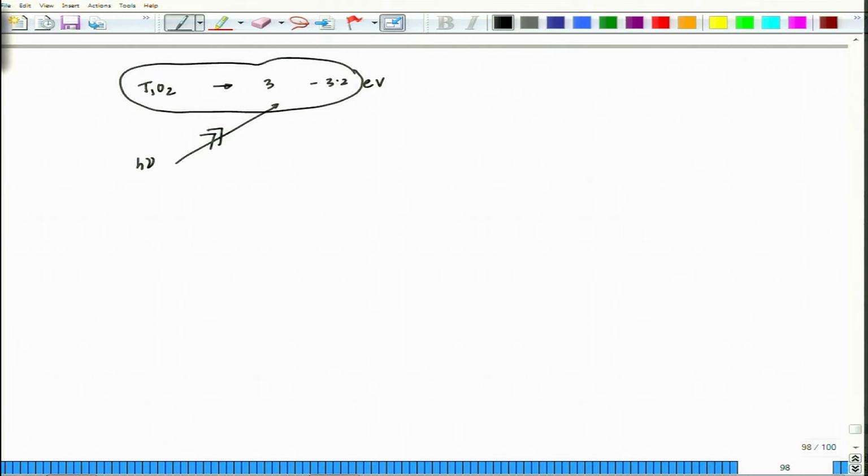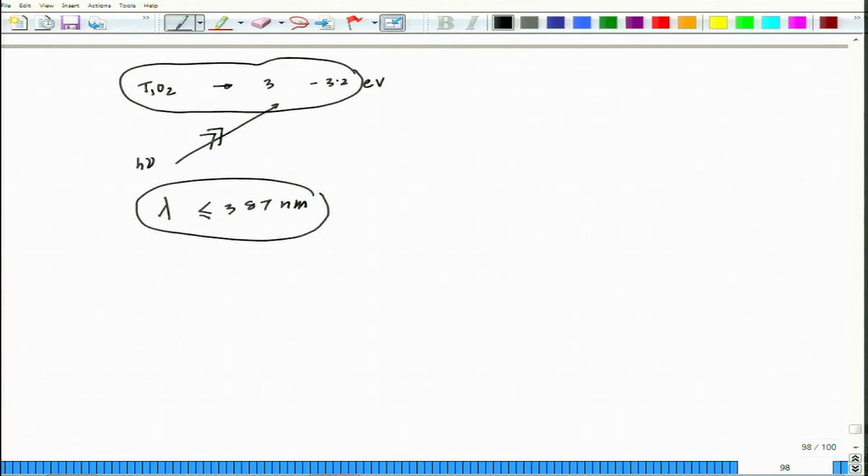Okay. In case of anatase TiO2, the band gap is 3.2 electron volt. Therefore, UV light of wavelength around 387 nanometer is required, because this has more energy than 3.2. The absorption of the photon excites an electron to the conduction band.